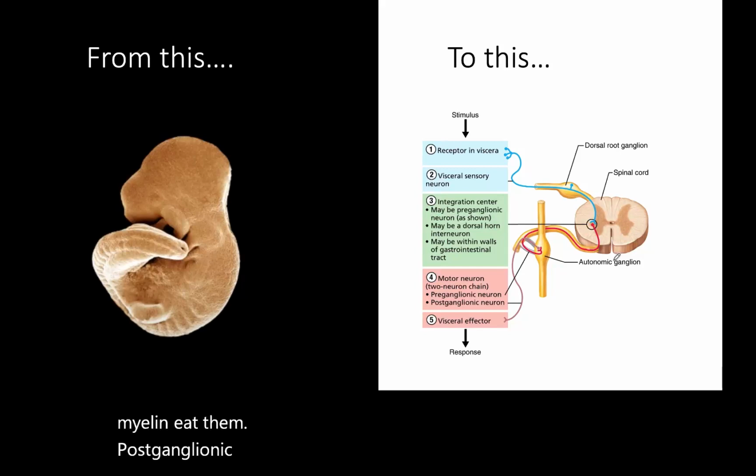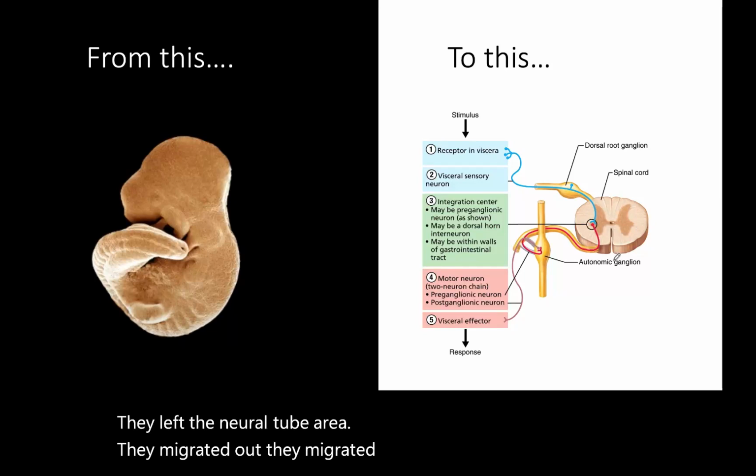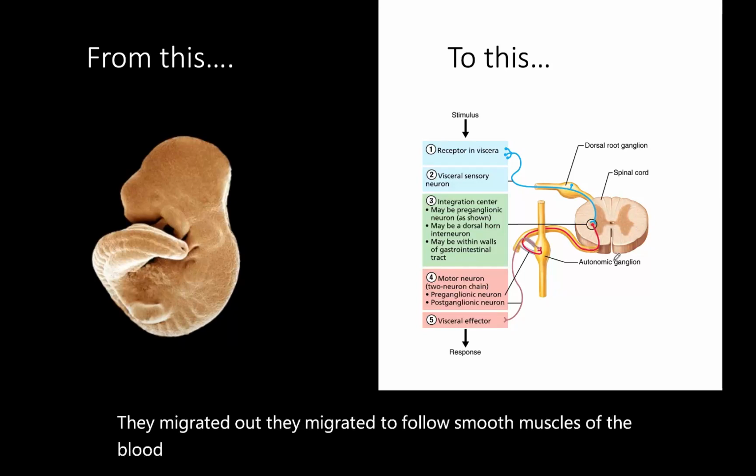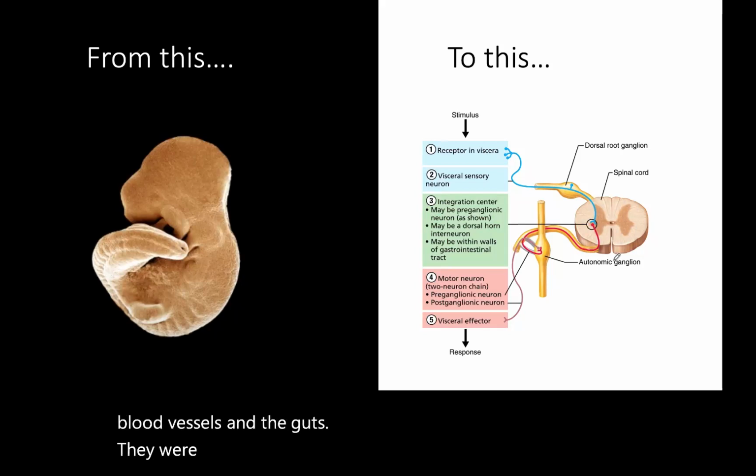Postganglion neurons are not myelinated because they left the neural tube area. They migrated out. They migrated to follow smooth muscles of the blood vessels and the gut. They were no longer near the glial cells. Therefore, they had no ability to be myelinated.